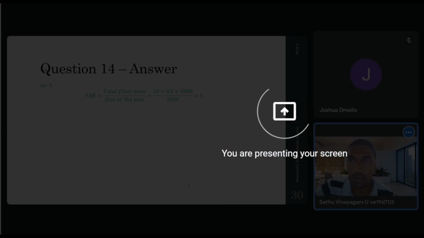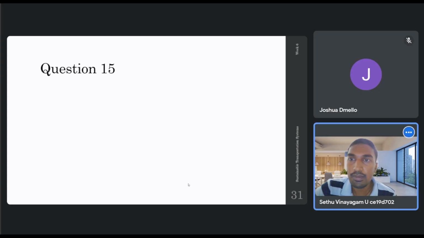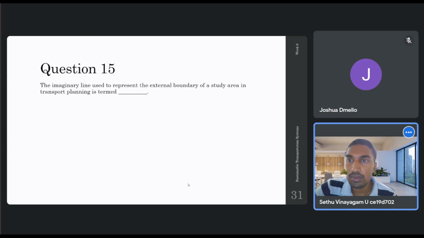Now moving on, question number 15. The imaginary line used to represent the external boundary of a study area in transportation planning is termed dash. The options are A, internal cordon, option B, external cordon, option C, screen line, and option D, none of these.